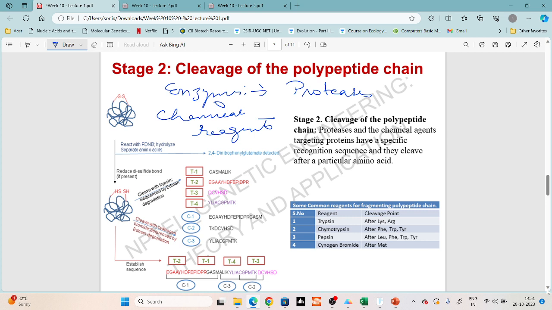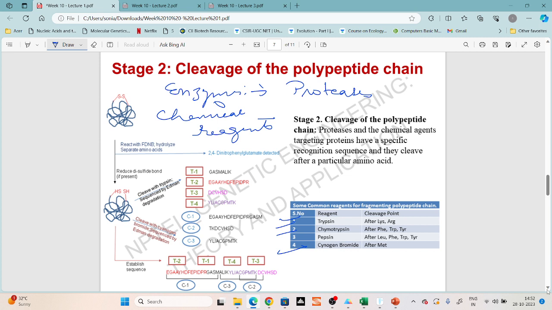You can use either trypsin, chymotrypsin, pepsin, CNBr, but you have to be very specific about which enzyme or which reagent you use. Why? Because each enzyme is specific to a particular cleavage point, and it will cleave at that particular cleavage point only. It is not going to cleave at any other cleavage point.